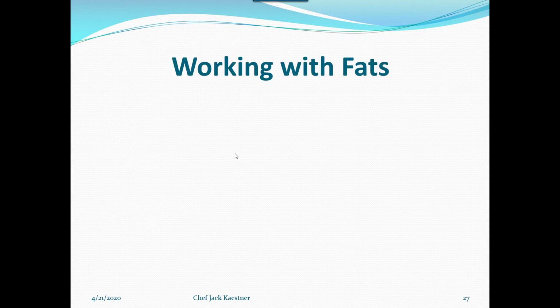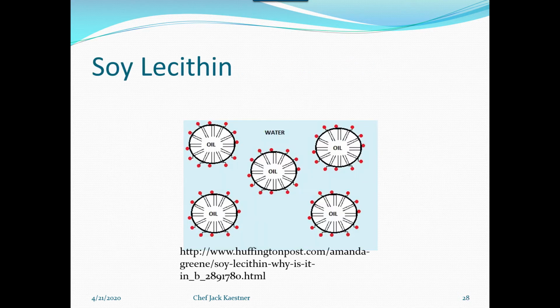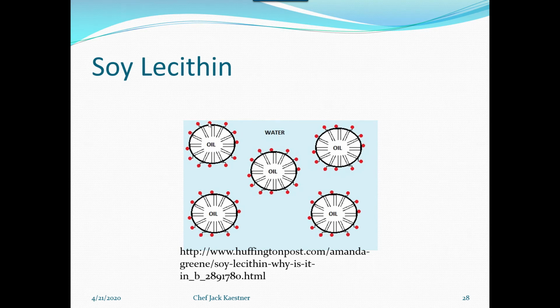Working with fats, you've got emulsifiers. We'll talk a little bit about emulsifiers. It basically makes oil and water become sort of friends. I've got a visual representation. So you've got the water and you've got the oil.